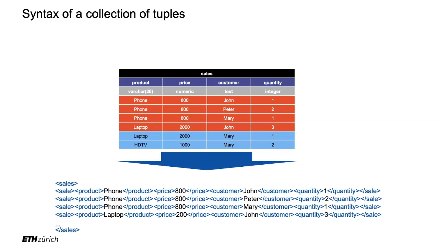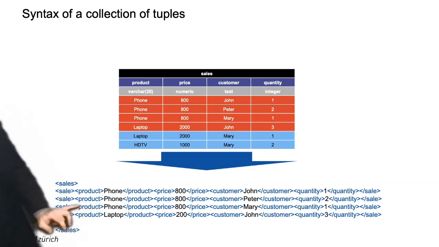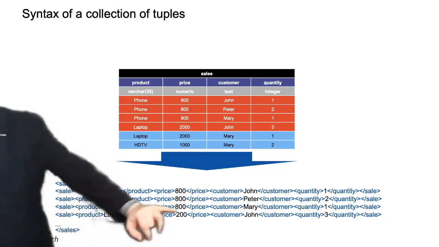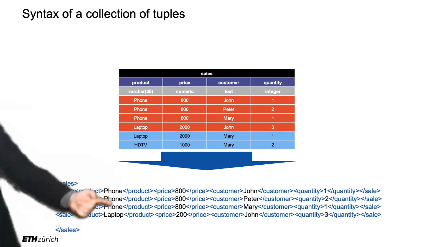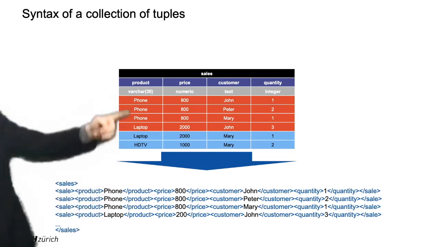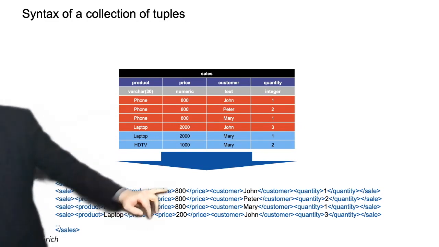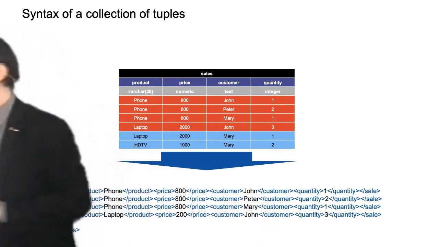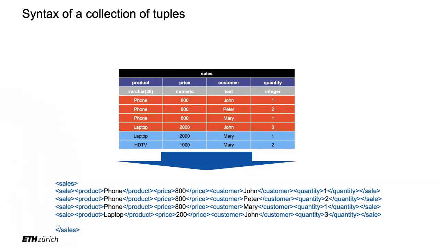So we have one sale that is a phone, another one that is a phone for Peter. Then we have a phone for Mary. Then we have a laptop for John, and so on. Every child element here corresponds to one row, and then the elements here correspond to the columns. That would be the most natural way to map a relational table to an XML document. Who finds it natural?